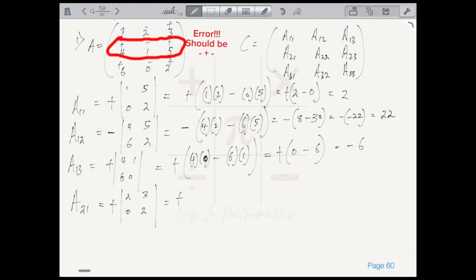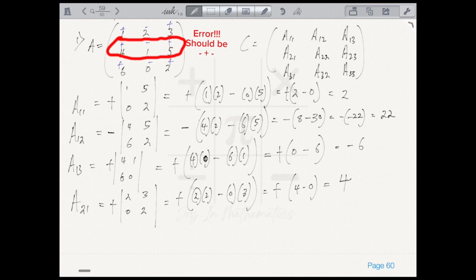So this will be positive of 2 multiplied by 2 minus 0 multiplied by 3, which is positive of 4 minus 0, and this will give us plus 4.